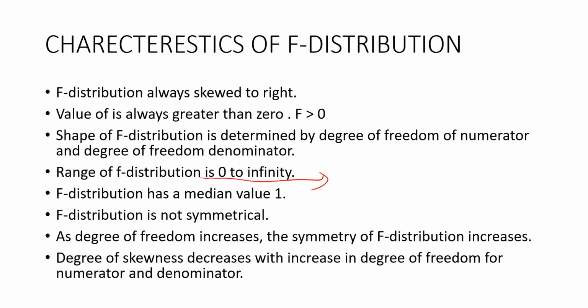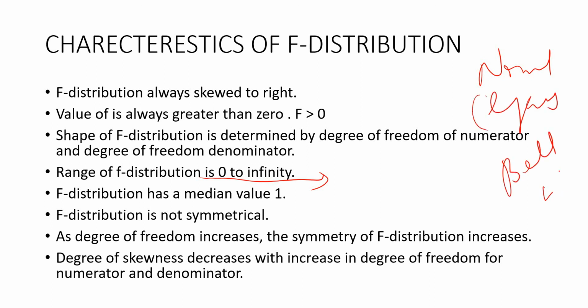F distribution is not symmetrical. Our normal distribution, also known as Gaussian distribution or bell curve, is symmetrical, but our F distribution is not symmetrical. Another very nice point: as degree of freedom increases, the symmetry of F distribution increases.